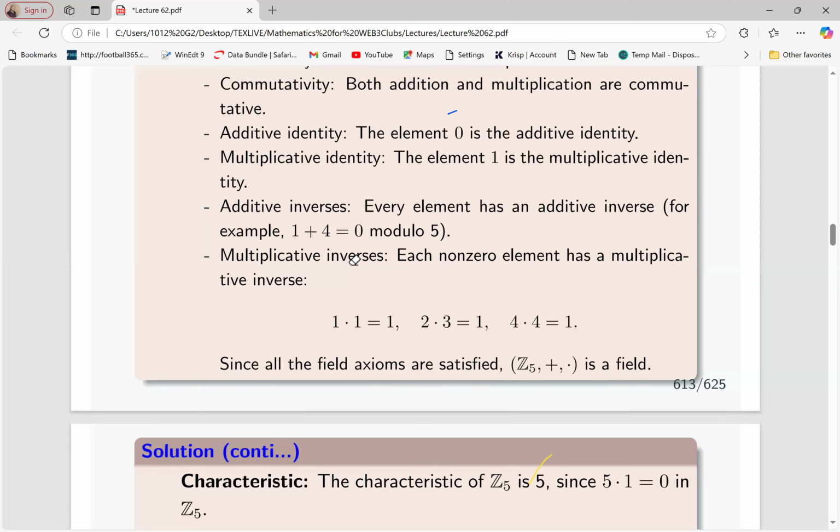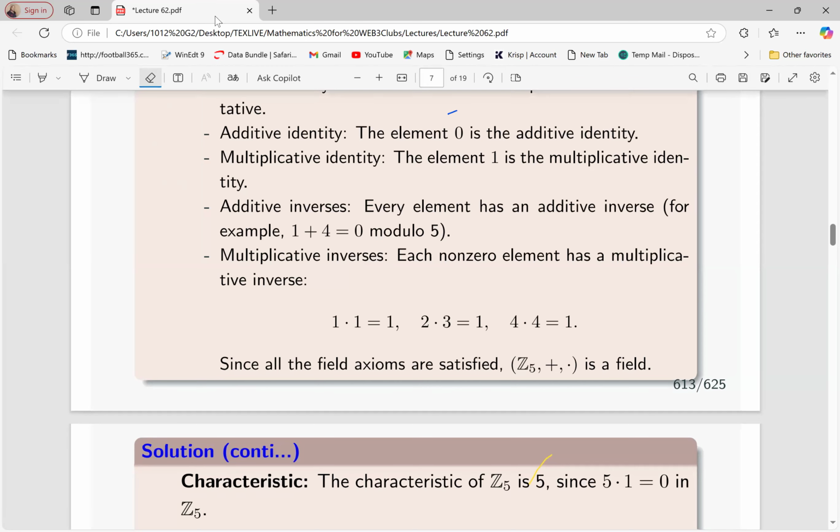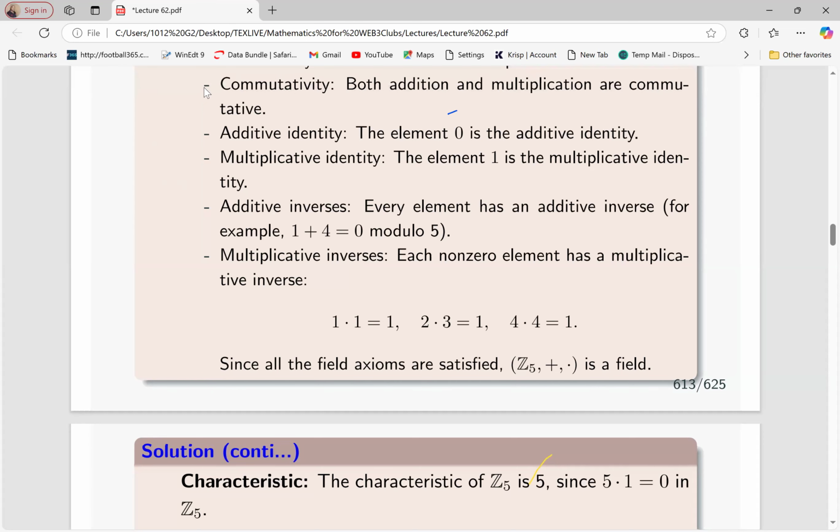So you go through those axioms and you see that's where the difference comes in. I don't know whether you've gotten my explanation. Is it okay? Yes, yes.